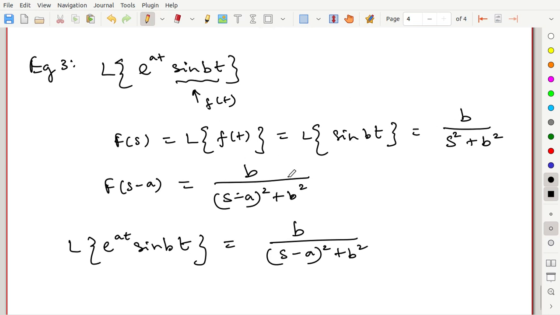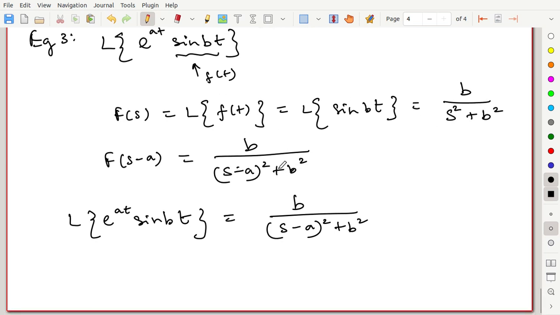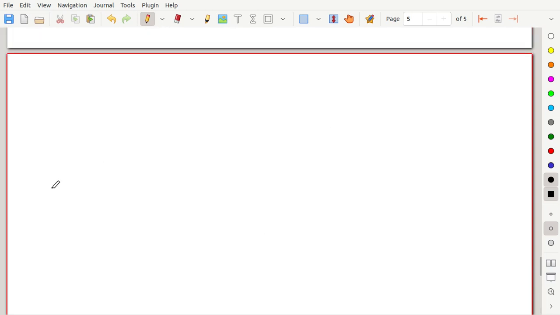Let's do another similar example. Example 4: find L of e power at sinh bt. Now we have a hyperbolic sine, so this is our f of t.